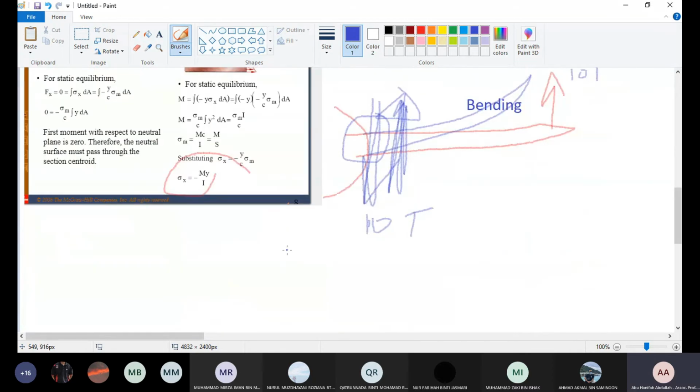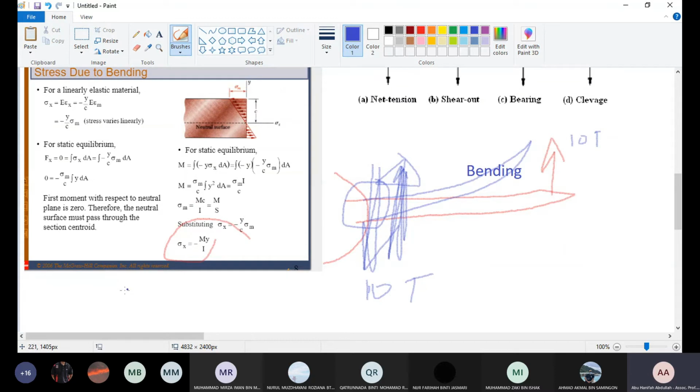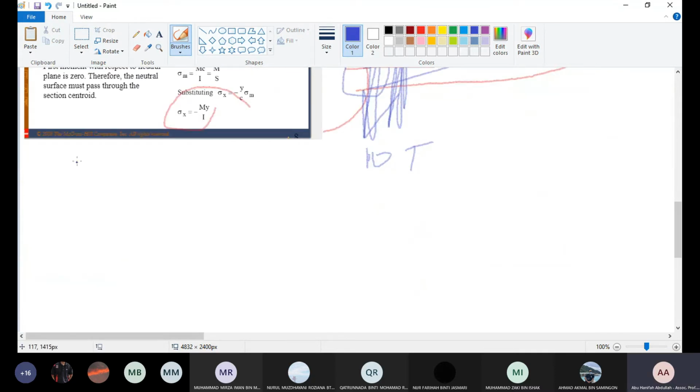So for the bending failure, okay, bending stress, tension stress, I think we already know. Tension is force over area.